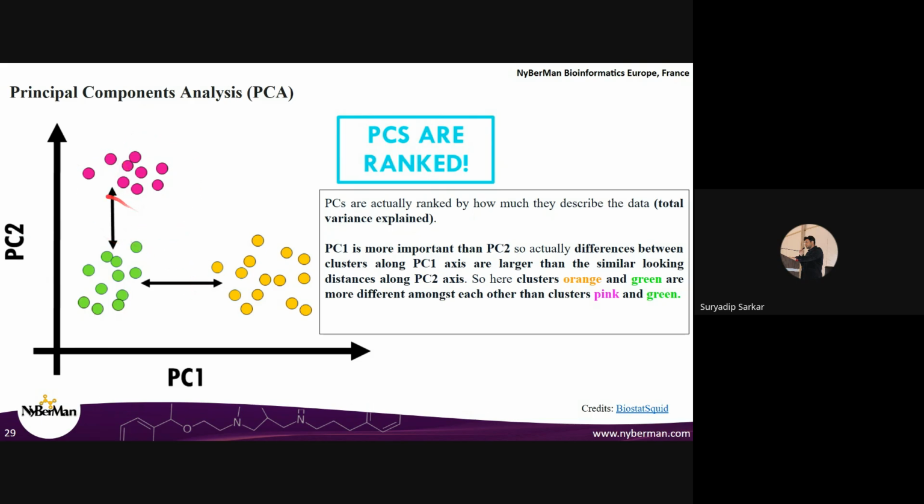Although they look very similar on the plot, we must remember that since PC1 is the one with the maximum explained variance, differences across PC1 are much larger than differences across PC2. So here clusters green and orange are more different from each other than clusters green and pink. Okay, the difference here is much larger than the difference here. So this is one more piece of information that we can get from our PCA plot.